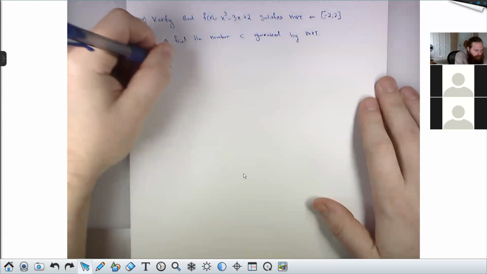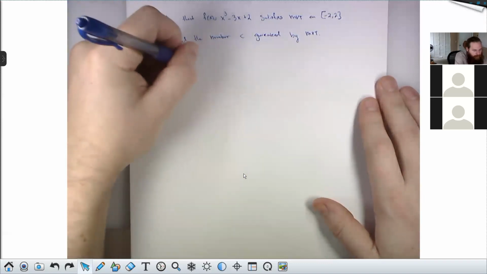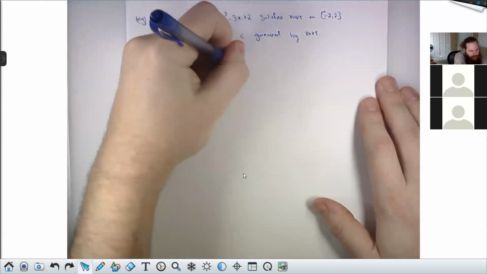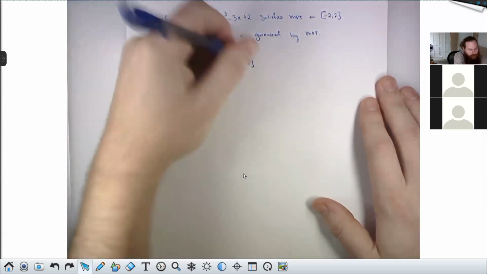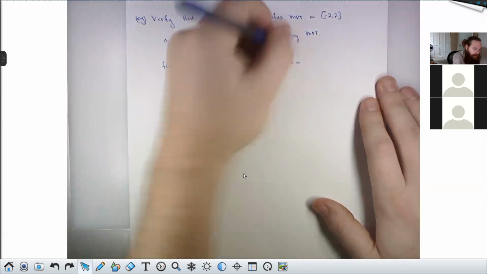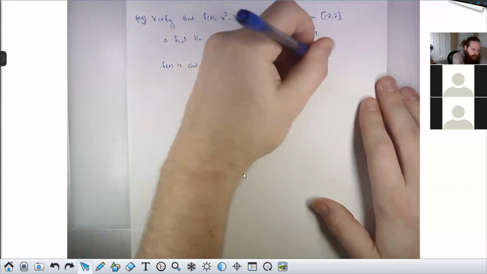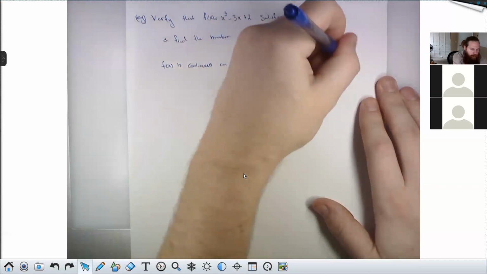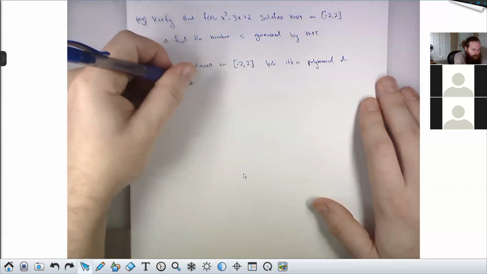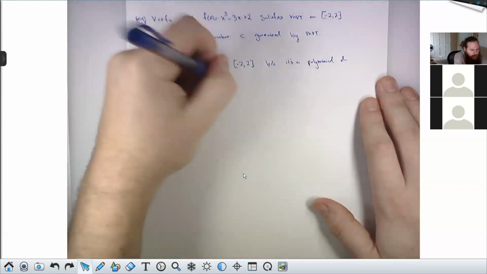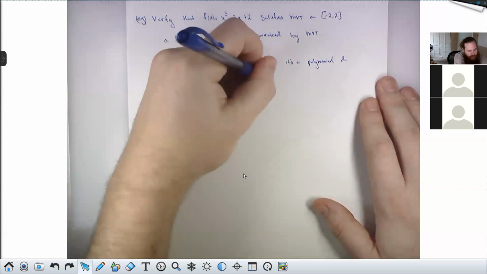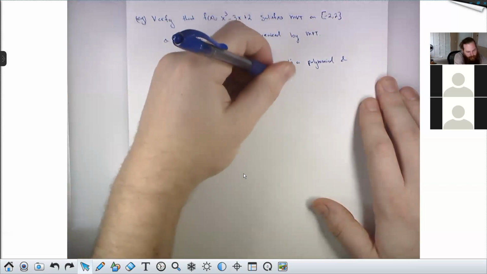So f of x is continuous on the closed interval -2 to 2 because it's a polynomial. And polynomials are continuous everywhere, right?